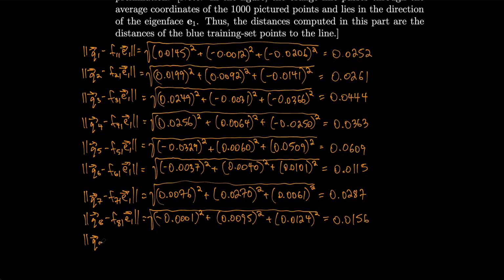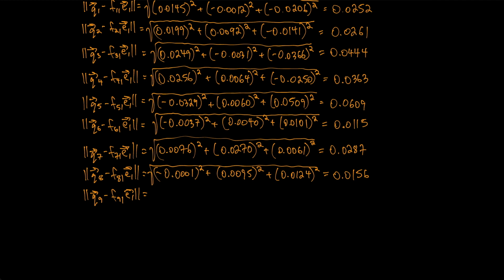Then Q9 minus F91 E1 is negative 0.0266 squared plus negative 0.0309 squared plus negative 0.0055 squared, and we get 0.0411.